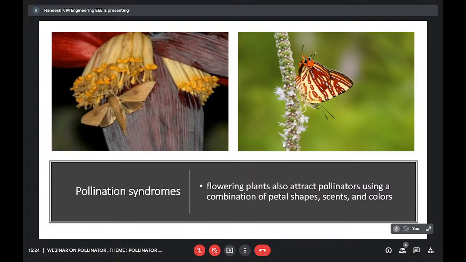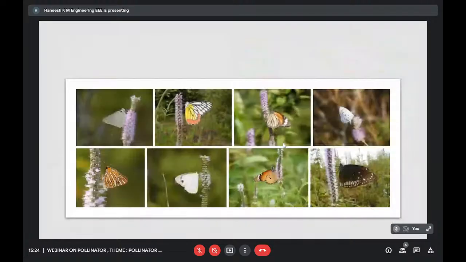The flowers came out such that only certain kinds of insects or pollinators can pollinate them, or that type of pollinator will look for that particular kind of flower or plant to get nectar. This is how the evolution has happened. You can see that in this picture: different types of butterflies are coming to a particular plant.